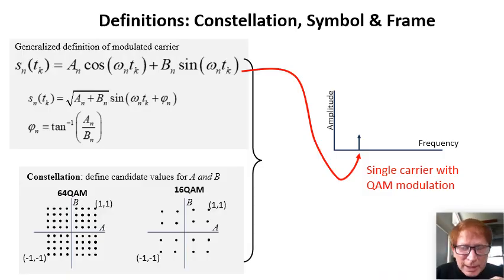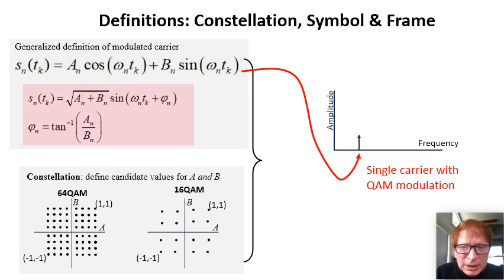Before we discuss the new algorithm, we will introduce a few definitions. We show a general definition of a sine wave. The A and B coefficients of the cosine and sine terms can be transformed into the magnitude and phase of the sine wave, as shown.